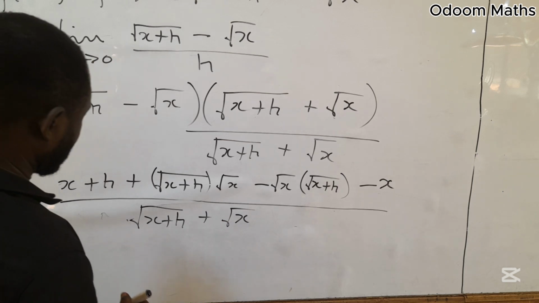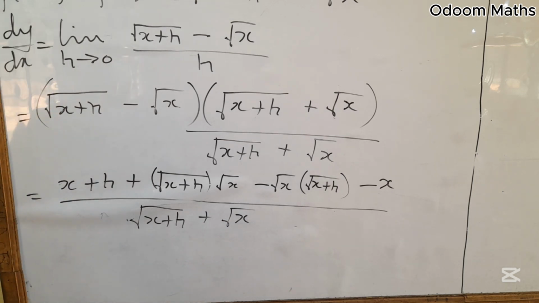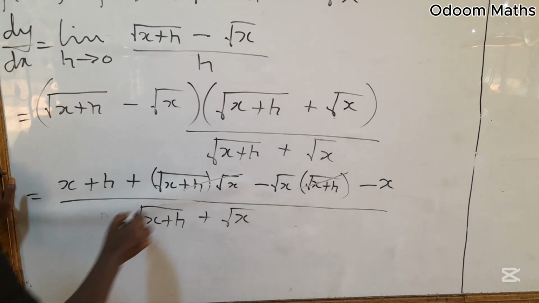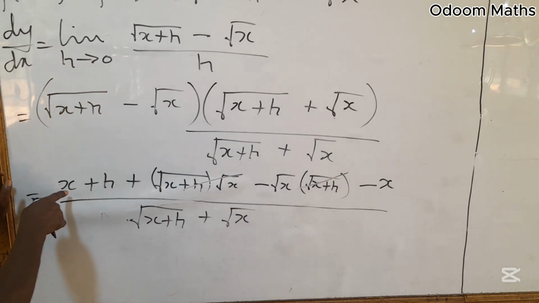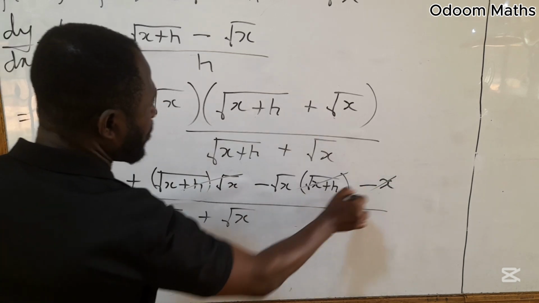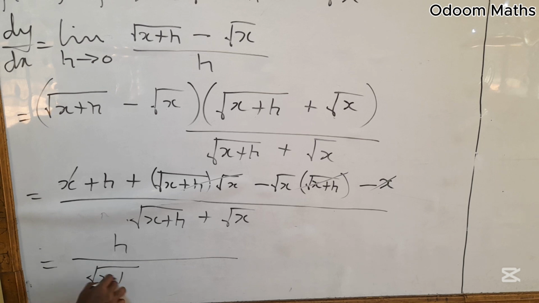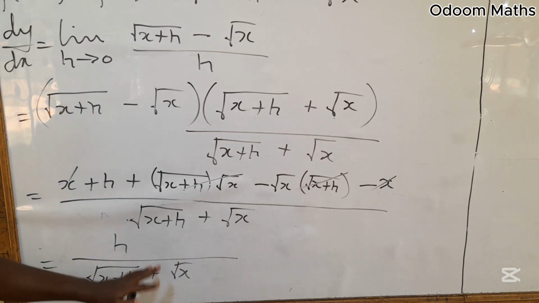From here, the cross terms cancel, and x and minus x also go away. So we get h over root of (x + h) plus root x. This is what we have currently.